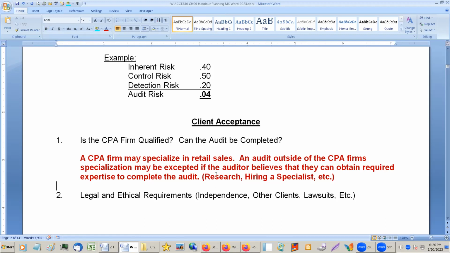And if you think about it, for instance, let's say the tree farming thing. If you don't have any clients that are doing tree farming, there'd be no reason for you to specialize in that until you do have a client that's in tree farming. You don't want to be specialized in something that you never use your entire life and spend all your money trying to get up to snuff on auditing tree farms when you don't have any tree farm clients. So these kind of go hand in hand.